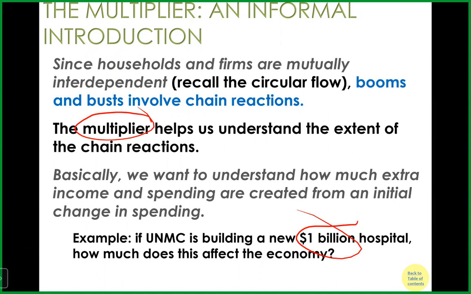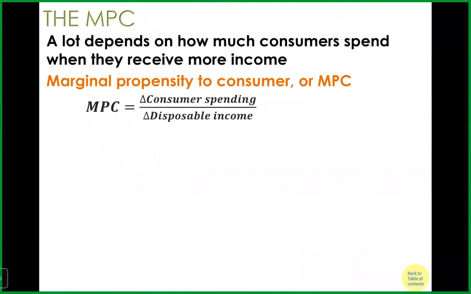But hopefully you can see, the net impact or the magnitude of this chain reaction crucially depends on one factor, which is what? How much I'm going to spend out of the income I receive, right? This is coming up in the next slide.